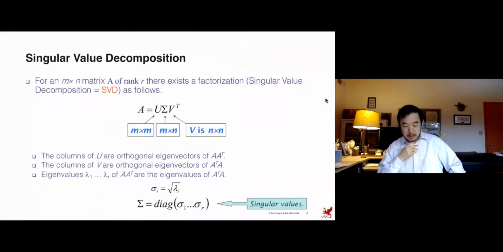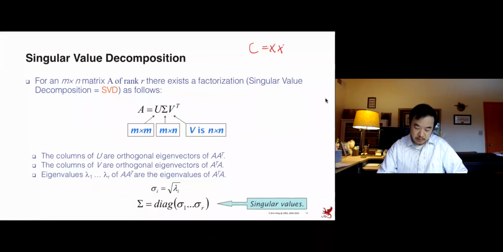Now, having talked about PCA, let's move on to another concept called singular value decomposition. Remember, in PCA you started from a symmetric matrix C, which comes from X times X transpose.